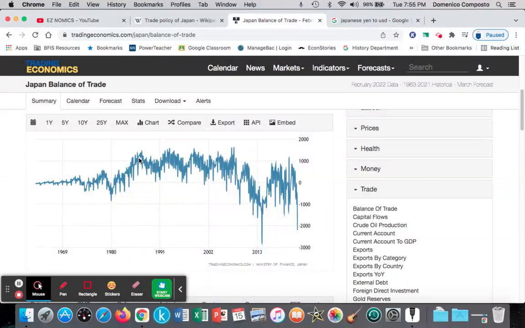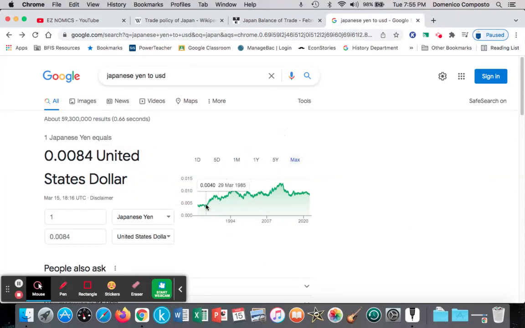And as Americans demand Japanese exports, they have to thus demand the Japanese yen in order to buy those exports. So that should correlate in this graph when we're looking at the value of one Japanese yen to US dollars. Here in this chart, we see that from about early 1980s going up to about 1988, the Japanese yen is appreciating to the US dollar.